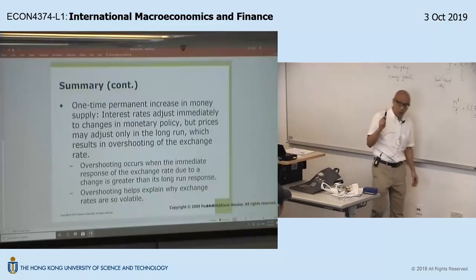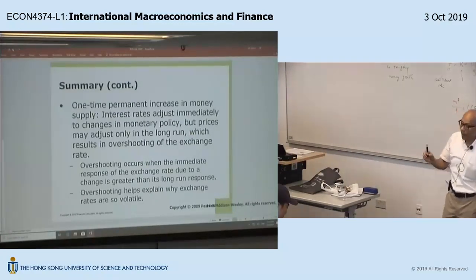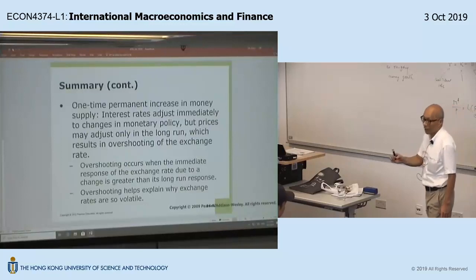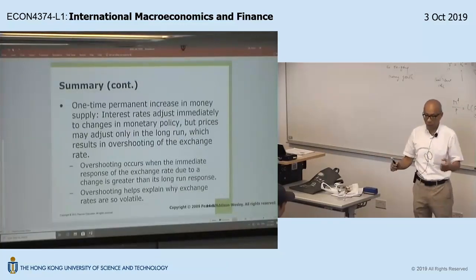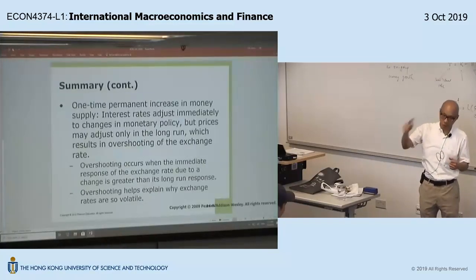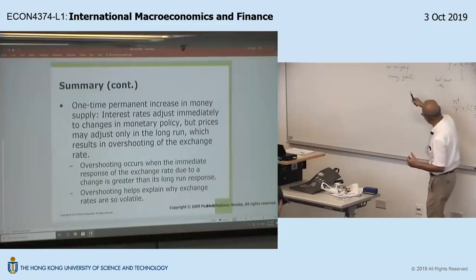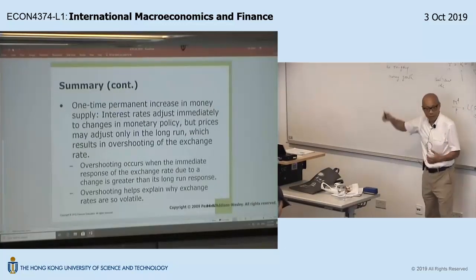Long run neutrality of money means that any purely monetary shock will have no real effect in the long run, which means that all the real variables will go back to the original level in the long run. So what are these real variables? People ask me. Well, one of these is definitely the real interest rate. But there are also other things.